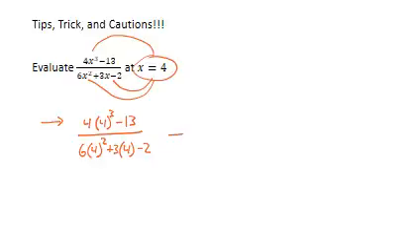When I do that, I end up with a numerator of 243. So I did the numerator by myself, first, before combining it with the denominator. Now I want to look at the denominator. Again, I put the 4 in parentheses in order to make sure the math stays straight.